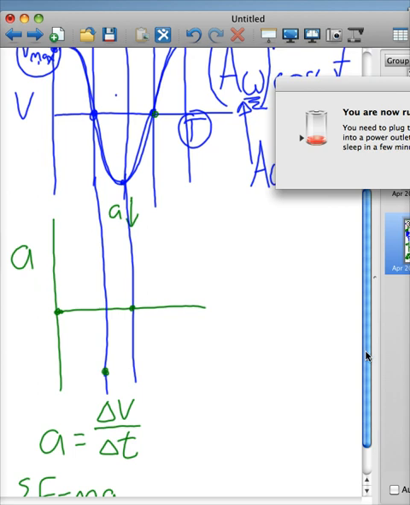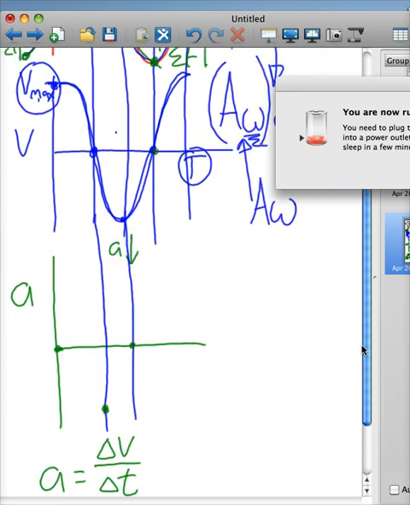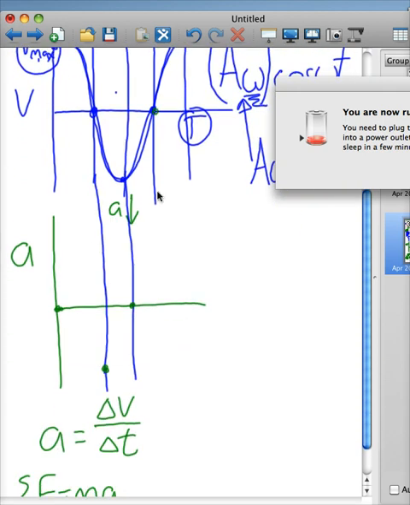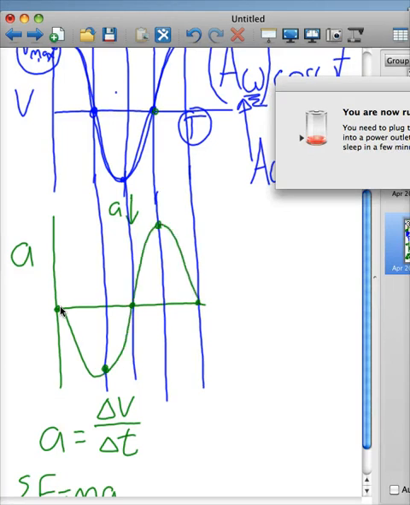So at that point in time, if we draw our line a bit further down, even though it's at the bottom of its motion, the acceleration is upwards because the force is upwards. And then we get back to the point where it's in the middle, and acceleration is 0. So that should hopefully make sense why the acceleration has the values it does at different points in this motion.